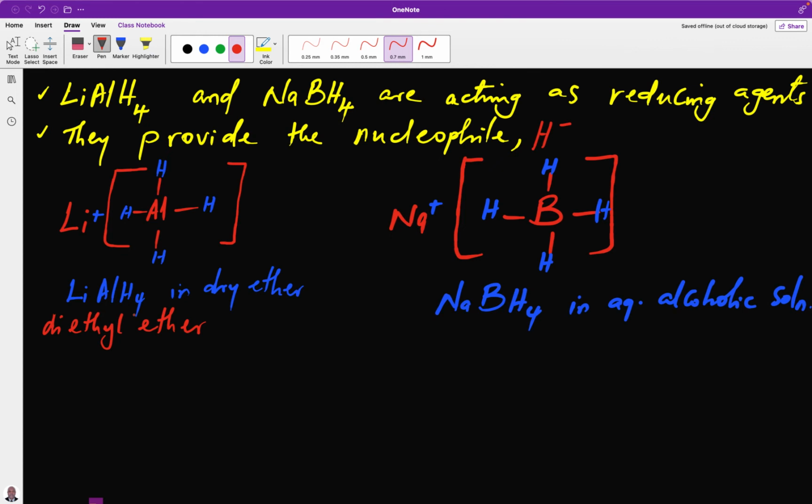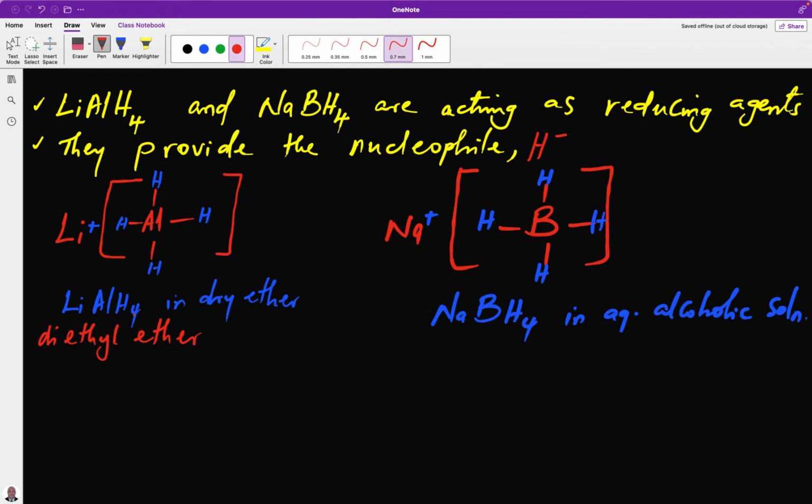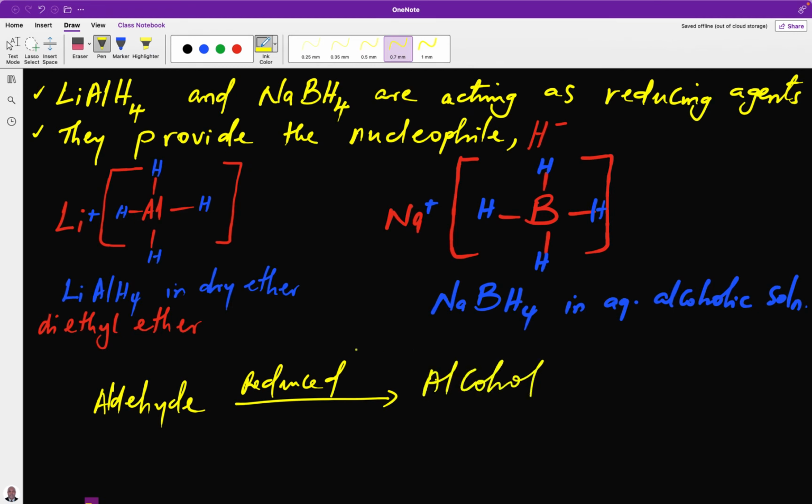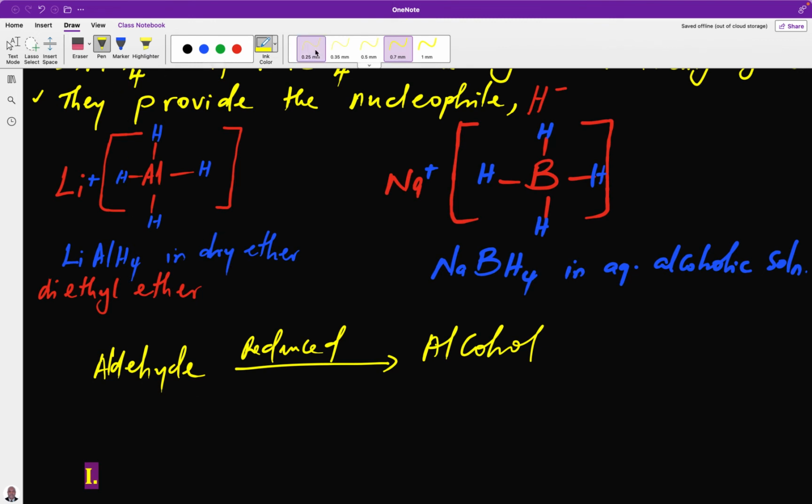Our example is the aldehyde ethanal, which is reduced to ethanol.